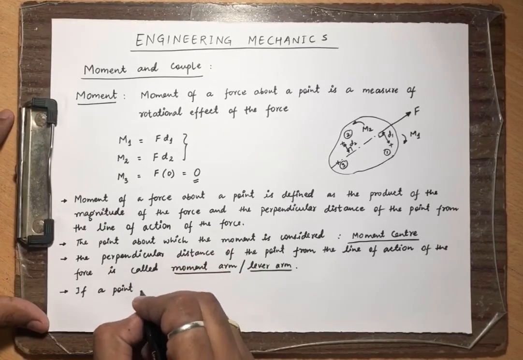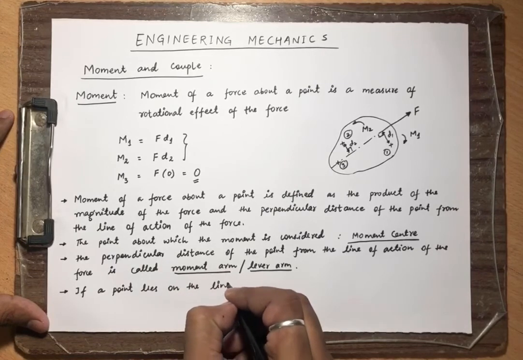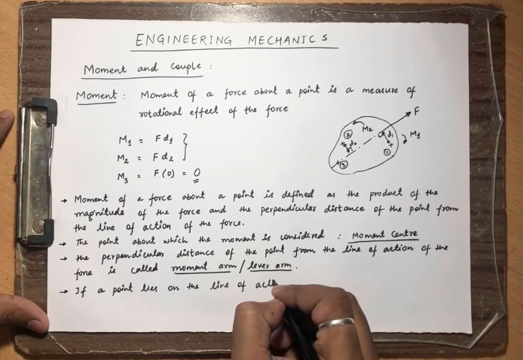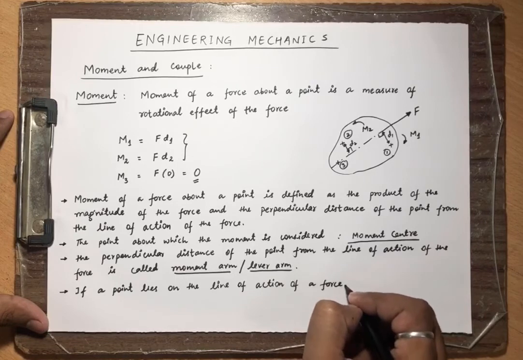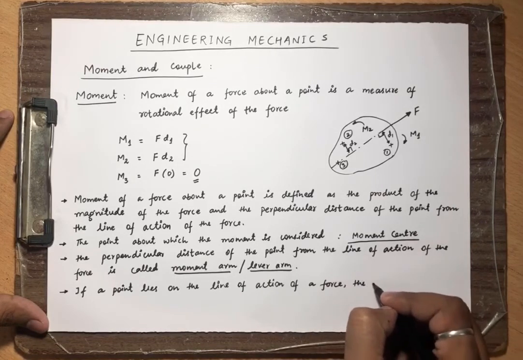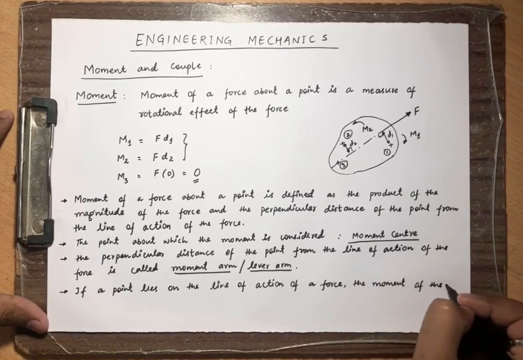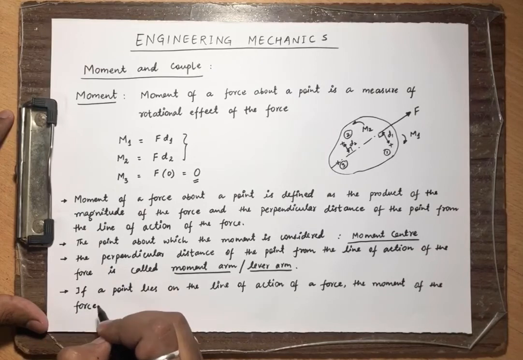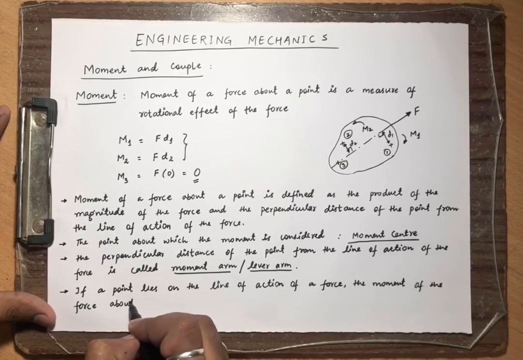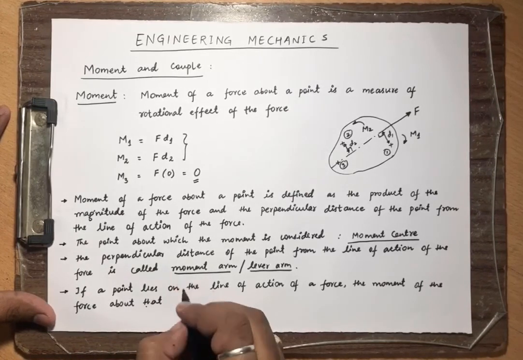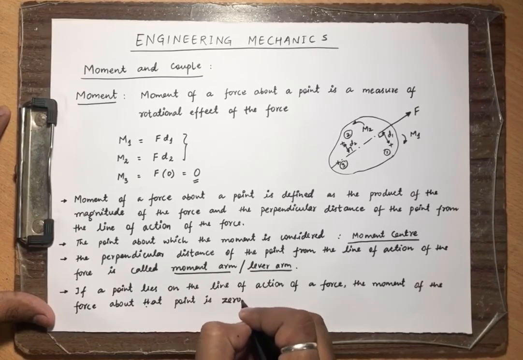If a point lies on the line of action of a force, the moment of the force about that point is 0.